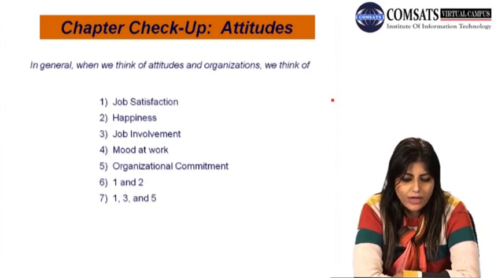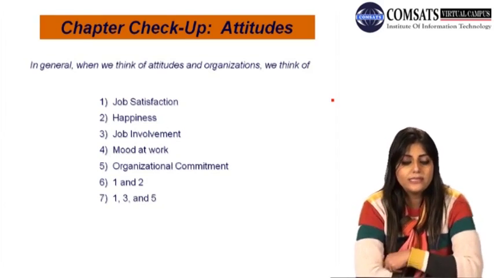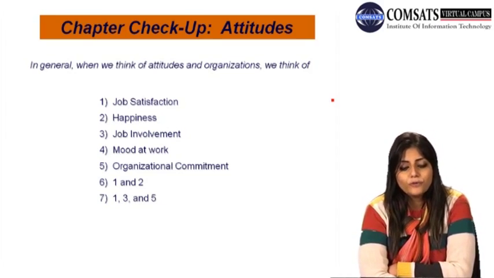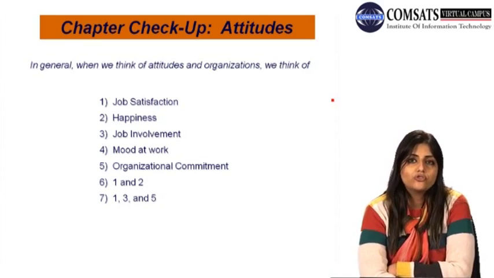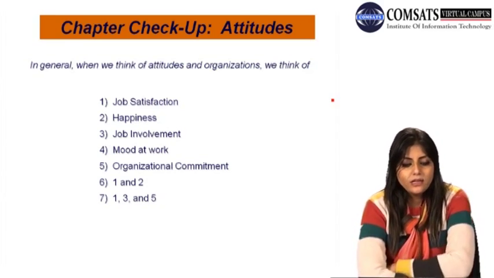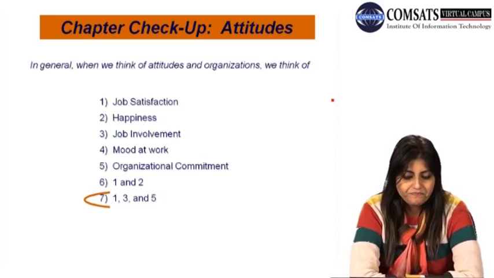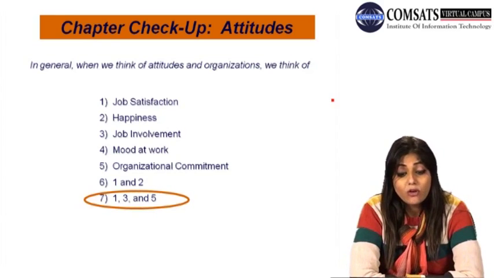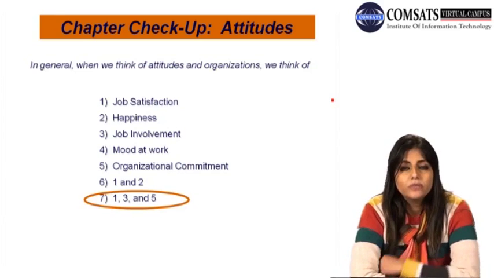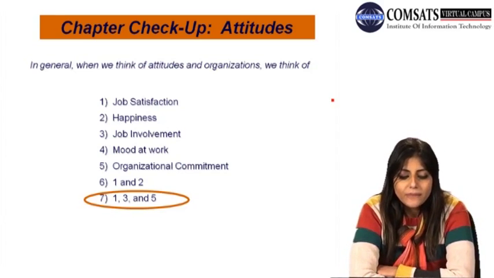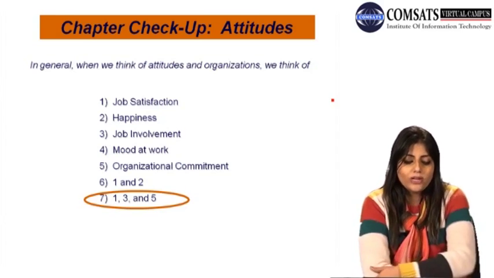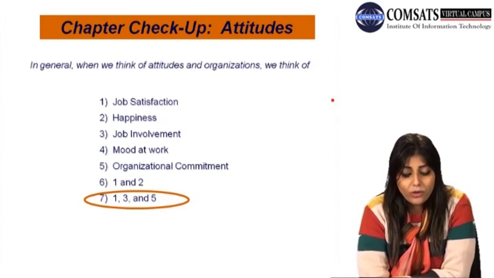In general, when we think of attitudes in organizations, if you have a number of categories and you have to choose an answer from these categories, what will you choose? When we think of attitudes in organizations, we think of job satisfaction, happiness, job involvement, mood at work, organizational commitment: 1 and 2, 1, 3 and 5, right?